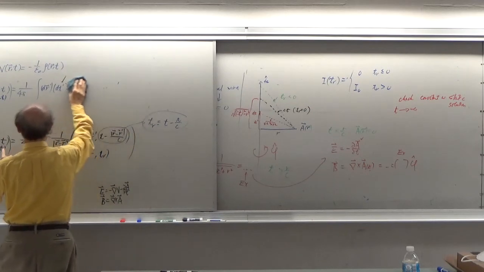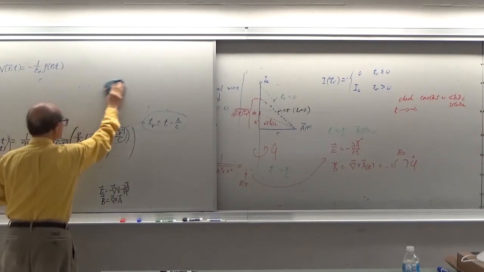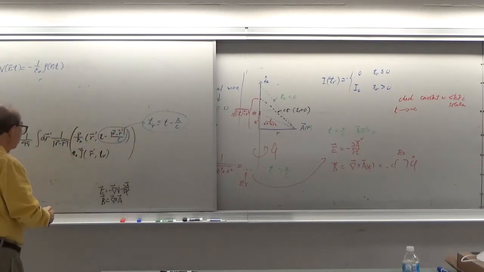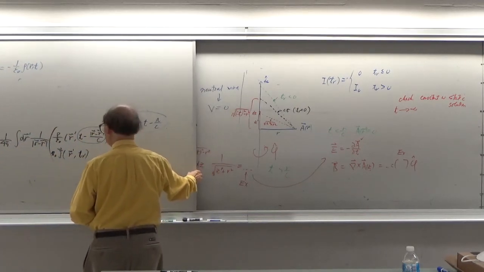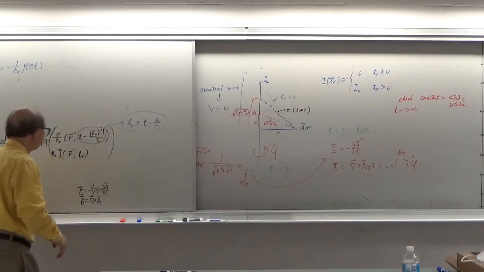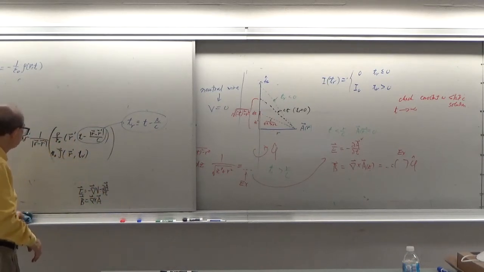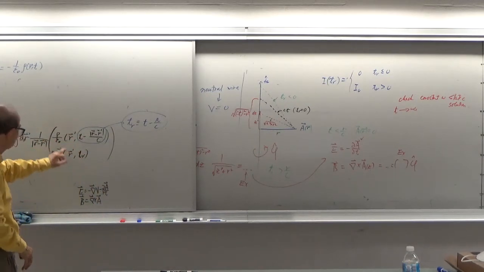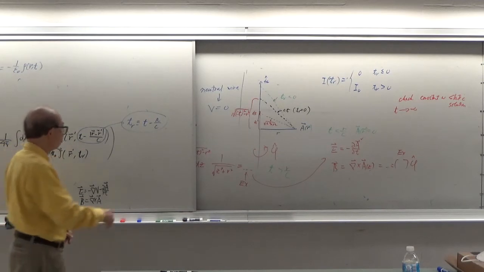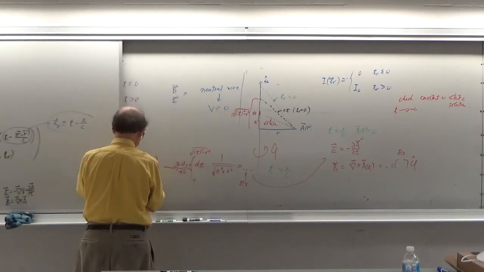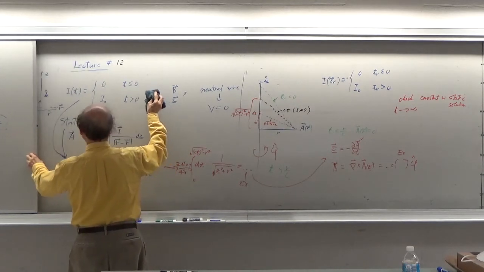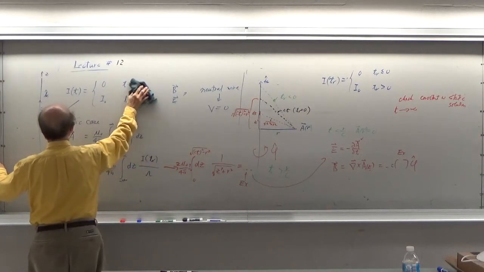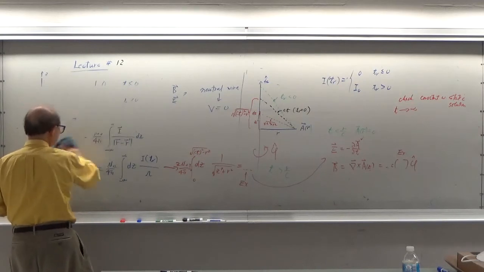We know the solution already. All right. Now let's take a look at the time dependence for rho and j. Okay, erase this. I'm done with the example.